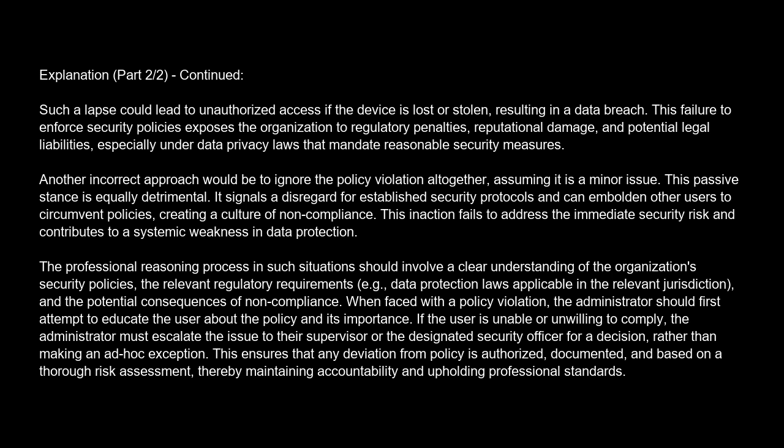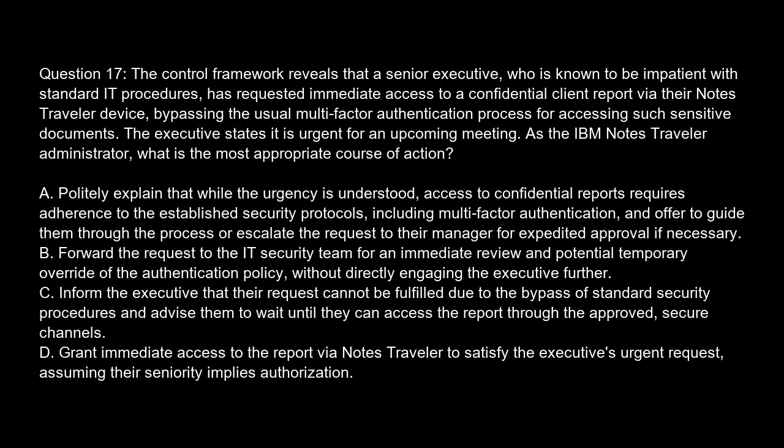If the user is unable or unwilling to comply, the administrator must escalate the issue to their supervisor or the designated security officer for a decision, rather than making an ad hoc exception. This ensures that any deviation from policy is authorized, documented, and based on a thorough risk assessment, thereby maintaining accountability and upholding professional standards.